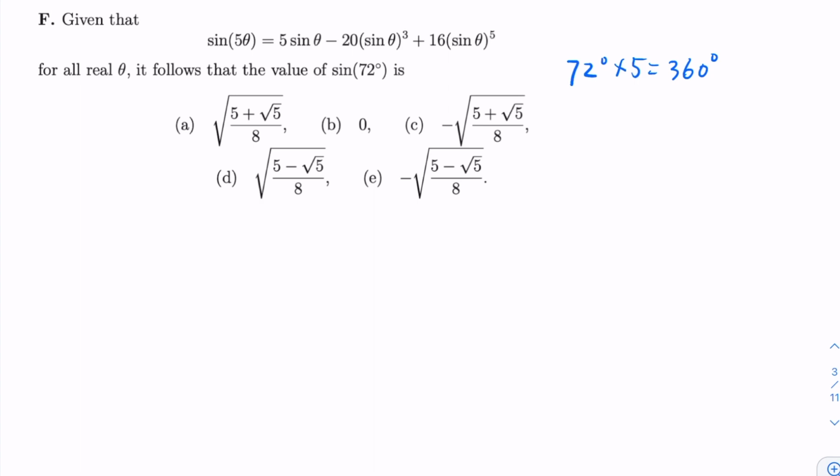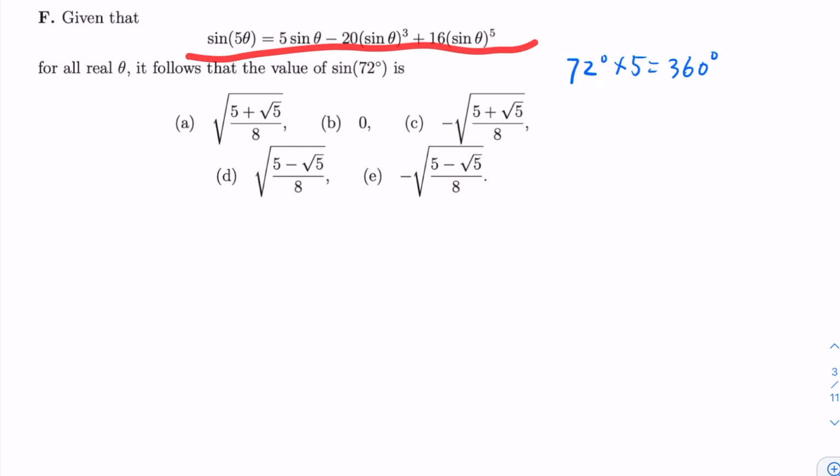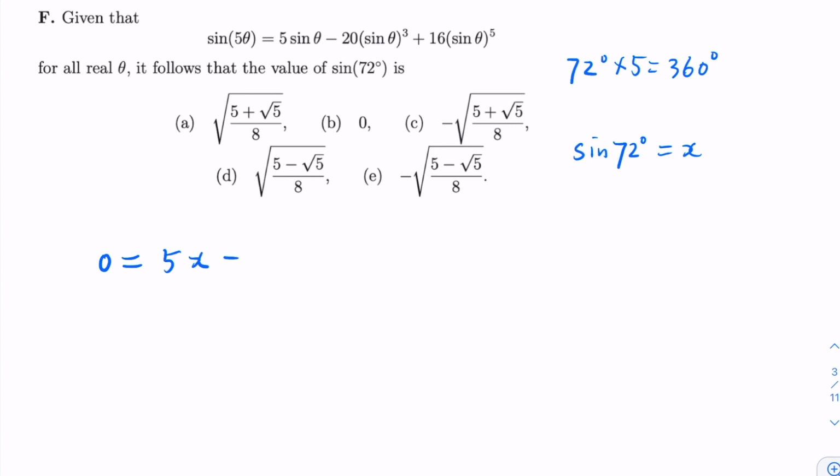So just plug in to this equation here. For simple notation, let's assume sine 72 degrees equals x. We need to find x. Plug in the formula here: 0 equals 5x minus 20x to the third plus 16x to the fifth.